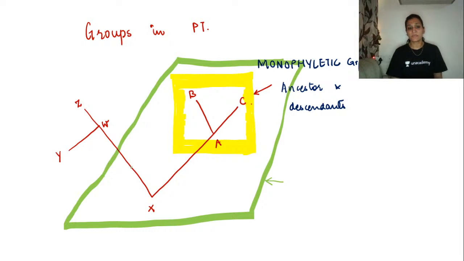This ancestor has some of the things over here and only one of the descendants of X you can see.